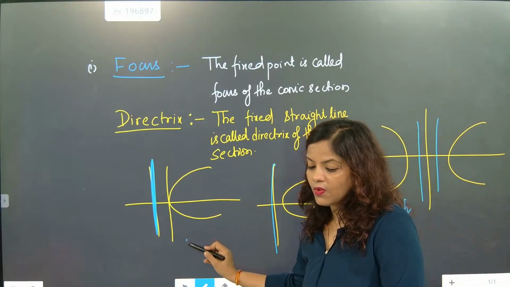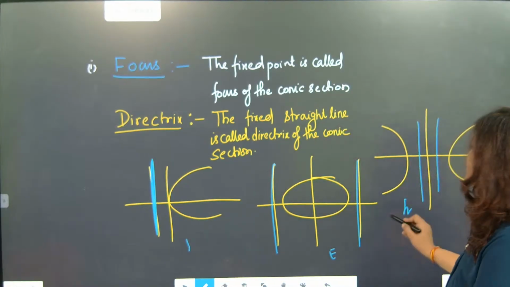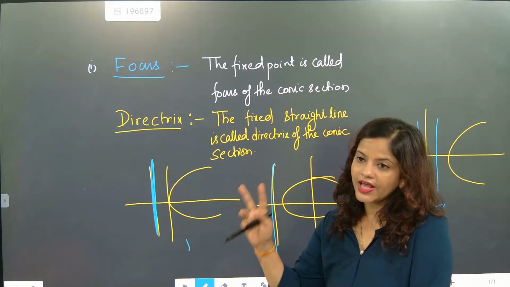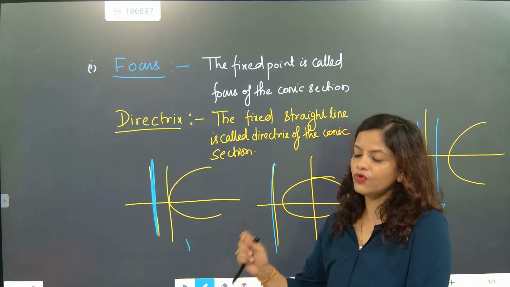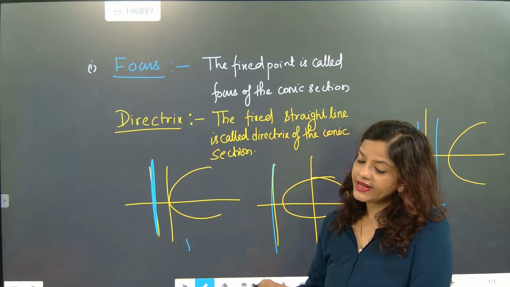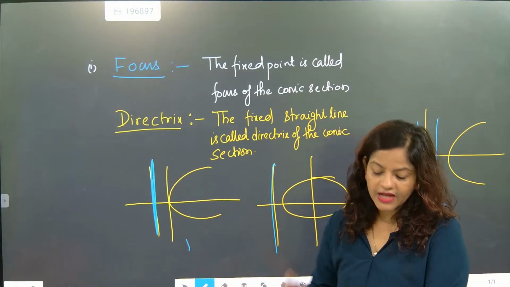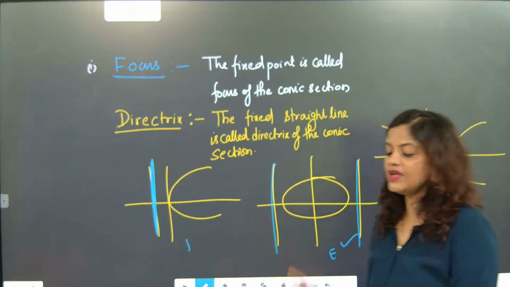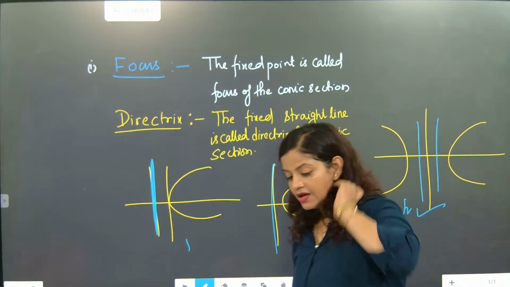For parabola, one directrix line will be there. For ellipse and hyperbola, how many directrix lines will be there? Two directrix lines. Is it clear? Focus is the fixed point. Directrix is the fixed line. And the third important point is eccentricity.